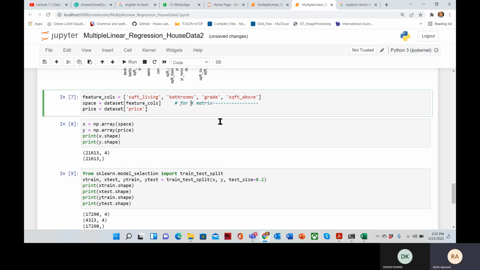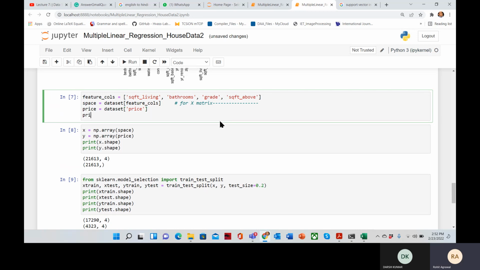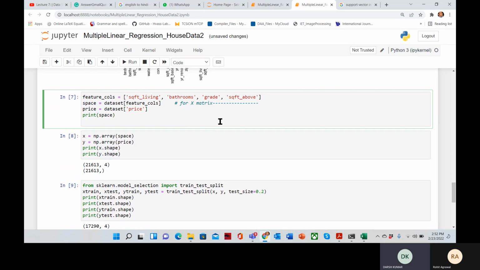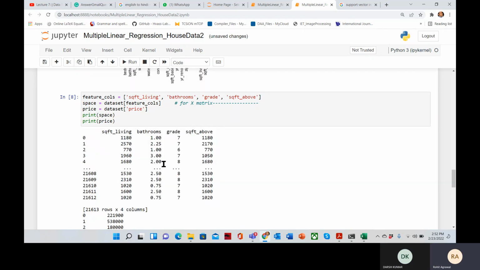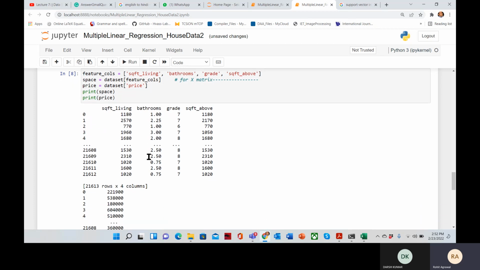Do you want to print this? Yes, sir. We will print this and we will see. Once we print this, we have this type of printing.